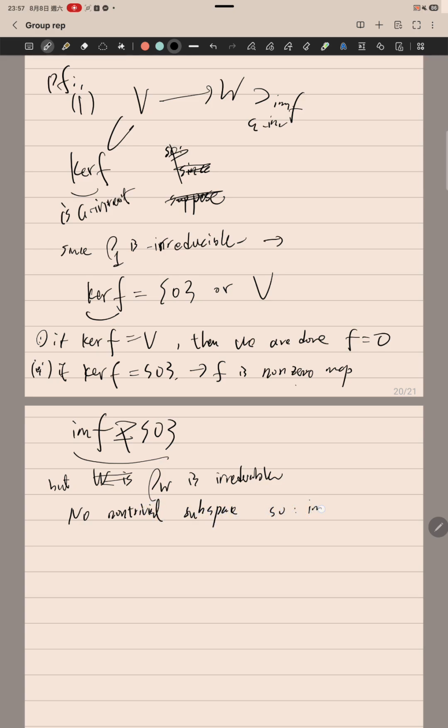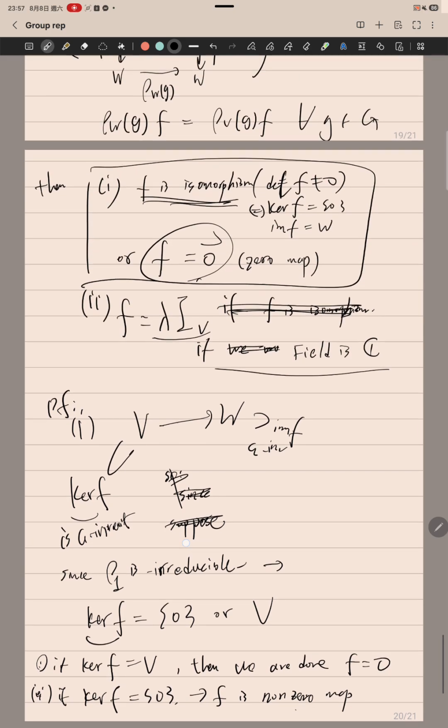So the image of f can only be W. So the kernel of f is 0 and the image of f is W. This shows that V is isomorphic to W and f is an isomorphism. This finishes the first proof.